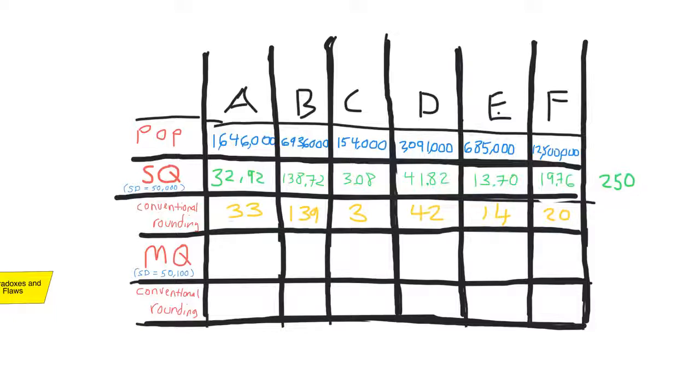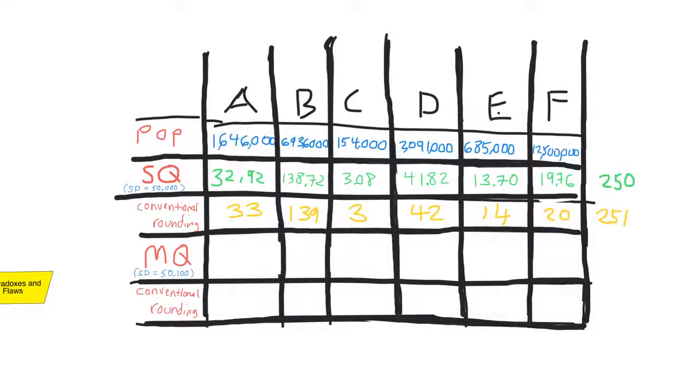But the problem is that when you add all of these, unfortunately, you're going to end up with 251. So we have one more seat in Congress as a result of adding these than we want. We want 250 total seats in Congress. So we're going to have to make this number less. Now, the way to make this number less is to make these numbers less. How could you make these numbers less?